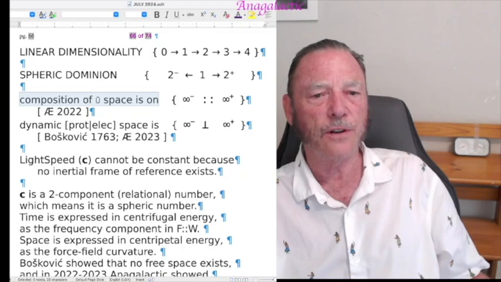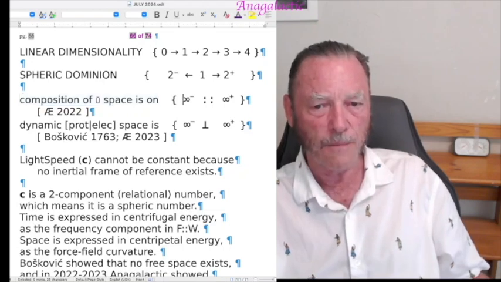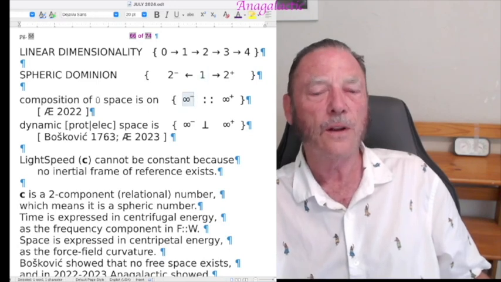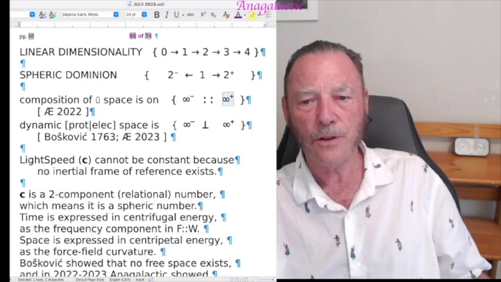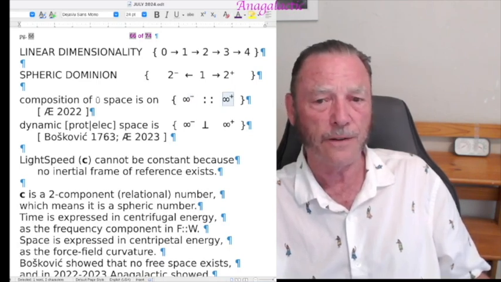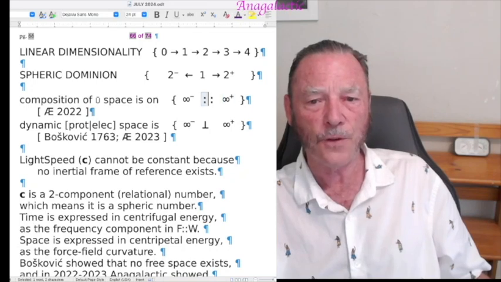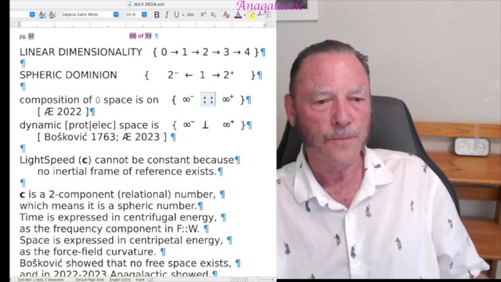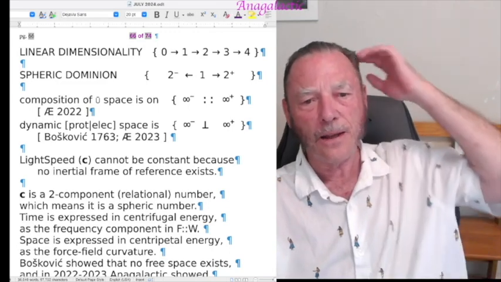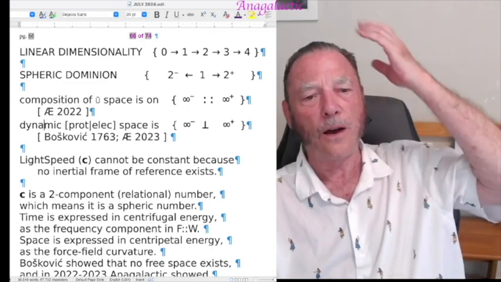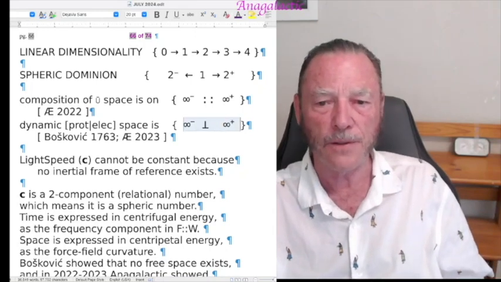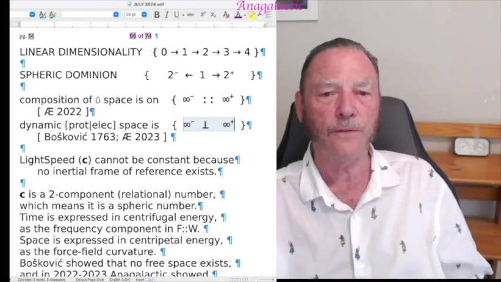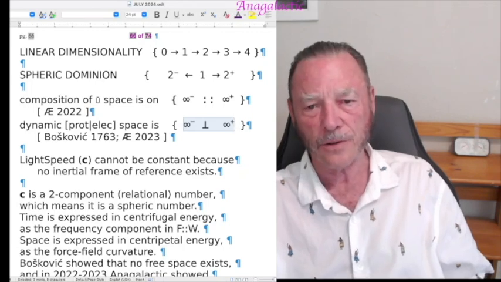The composition of universal space can be accomplished on this system, where you use the negative power of infinity to the positive power. This is spherical infinity, and these will multiply to 1. The dynamic system of proton-electron space that we call the atom is founded on a perpendicularity between the two infinities of natural space.